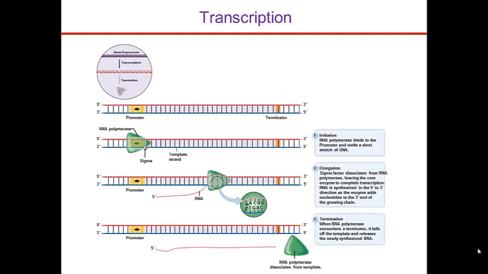Transcription, or RNA synthesis, is described in 3 basic steps: initiation, elongation, and termination. Bacteria use sigma factors to direct RNA polymerase, while eukaryotic cells use transcription factors to recognize promoter sequences.